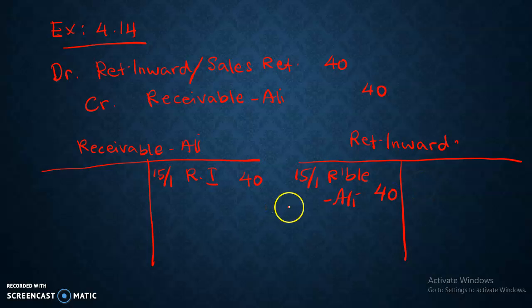Okay, so this will be the example of the journal entries and the ledgers on sales return or return inwards transaction.